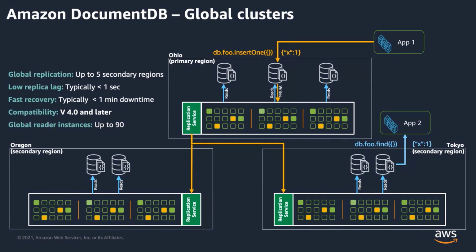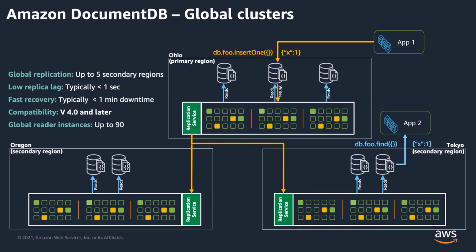You can send the write operations directly to the primary cluster, and DocumentDB automatically replicates this data to secondary clusters in different AWS regions using dedicated infrastructure. Like before, replication is offloaded to the storage layer. We talked about this in the previous slide. Same thing applies at the global cluster level as well. And this replication is a physical replication from the storage layer in the primary cluster to the storage layer in the secondary.